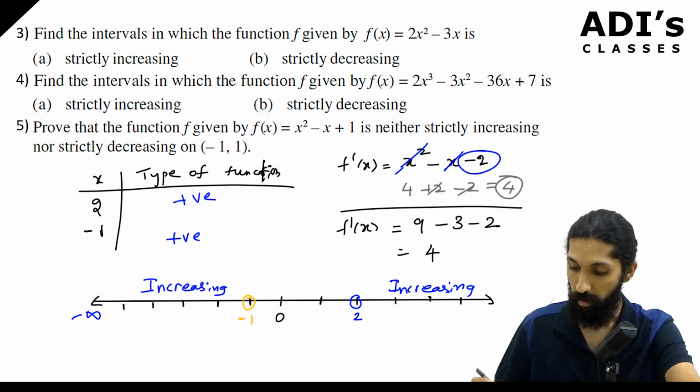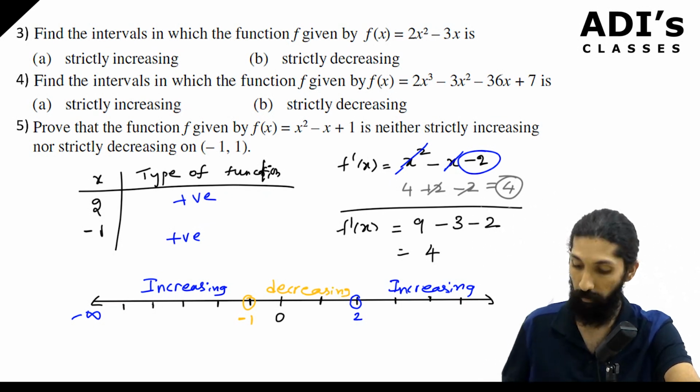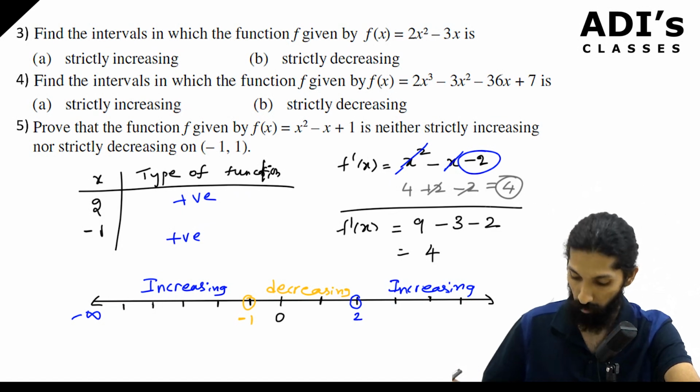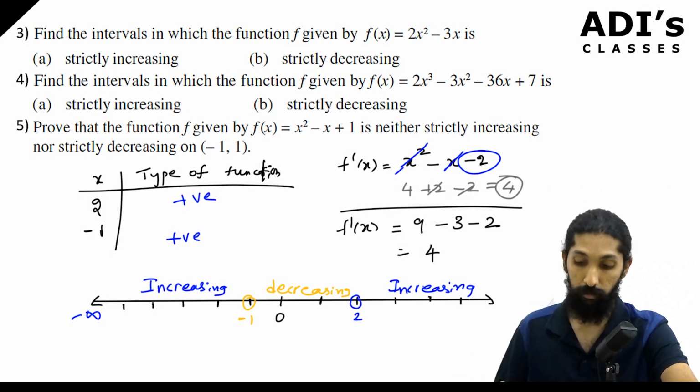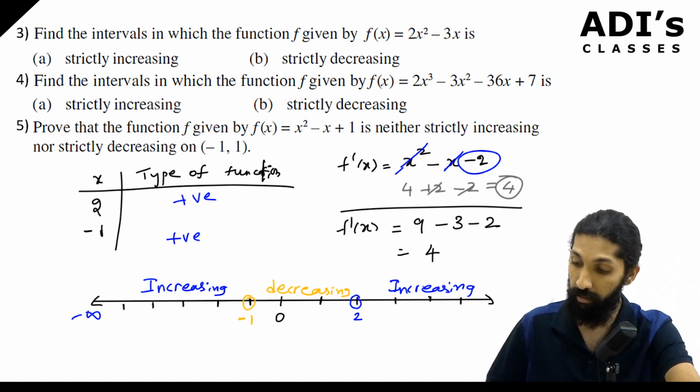So here you can think of an example like this. This is the value of x1 and you can say this is the value of x2. x1 is greater than x2.